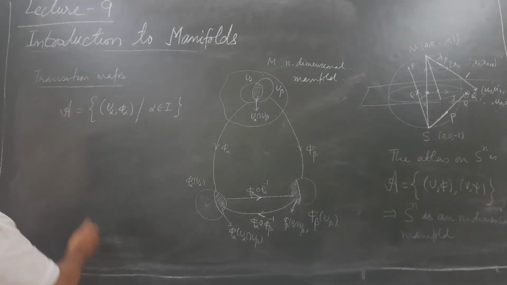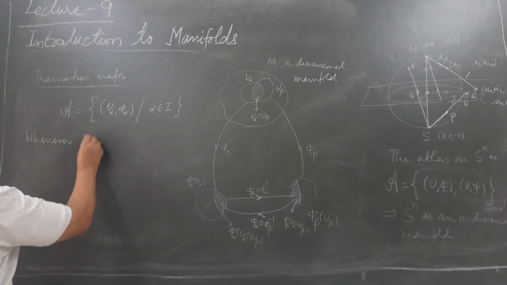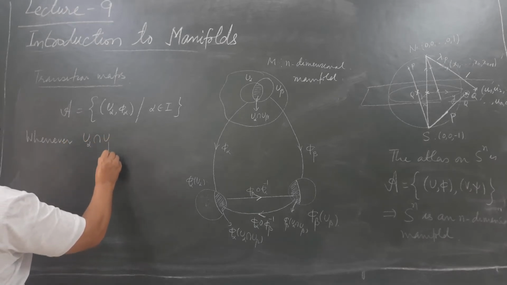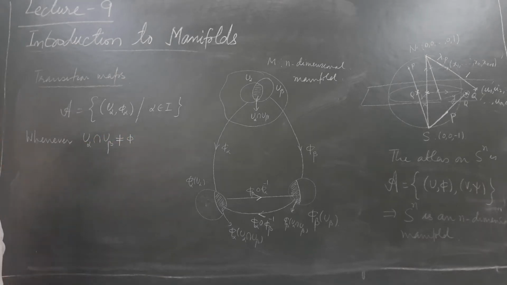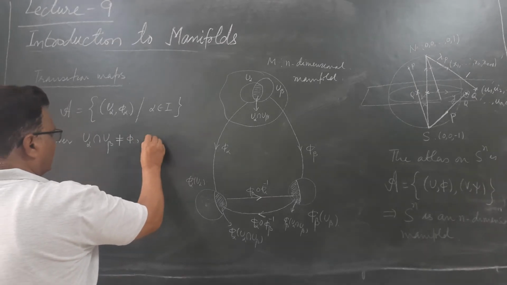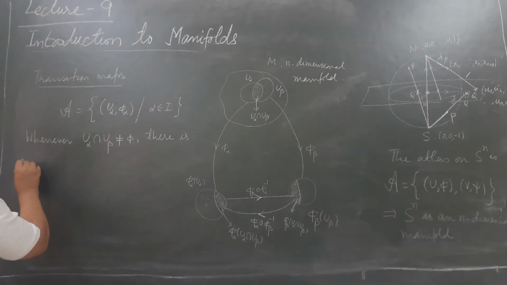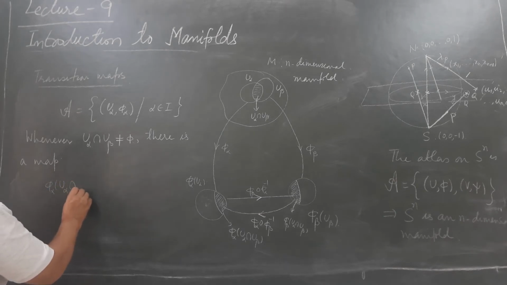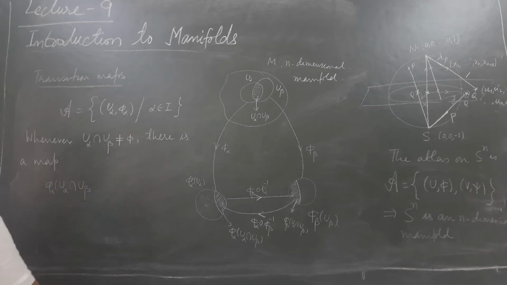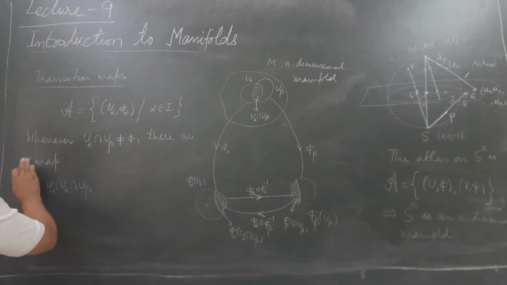So whenever U alpha intersection U beta is non-empty, there is a map, from phi alpha of U alpha intersection U beta. There are maps, not there is, there are maps.